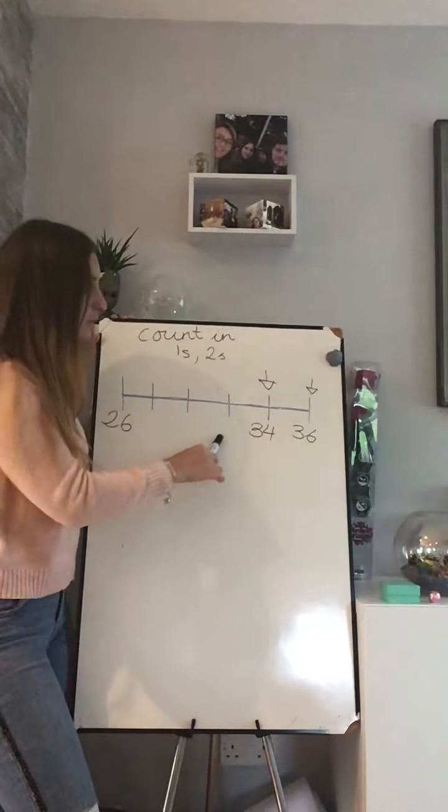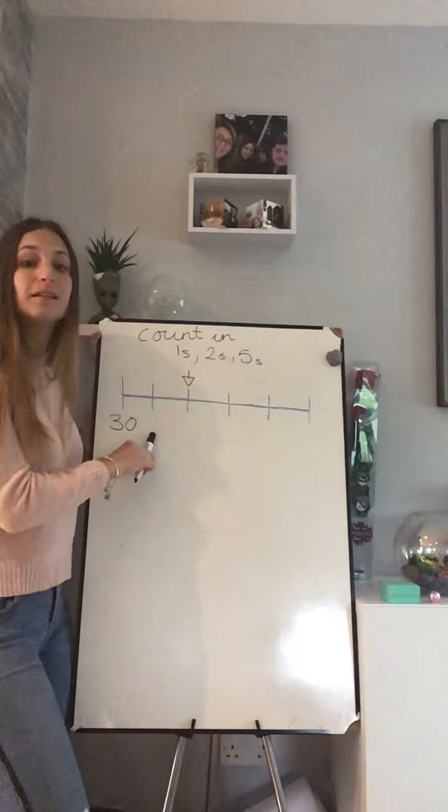What about now if I am counting in fives? And I'm going to start on 30. What number do you think that it will be there? I'm counting in fives. 30.